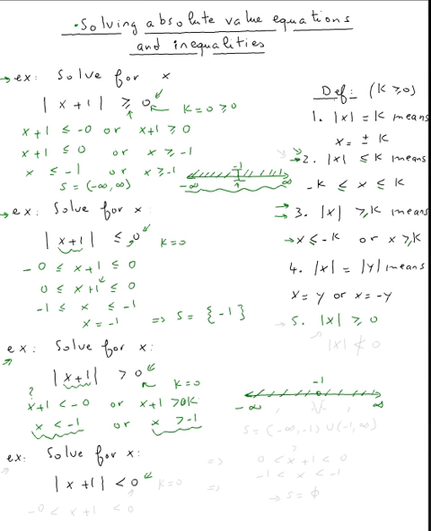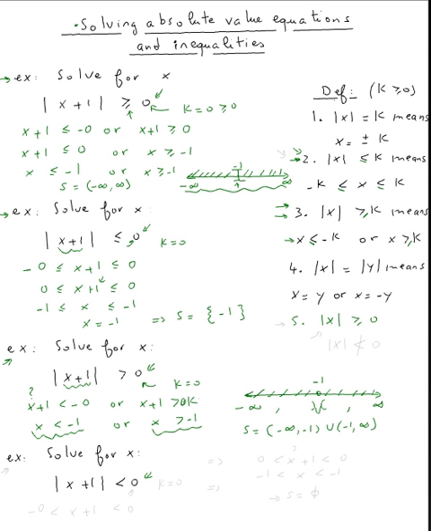So I'm going from negative infinity to negative 1, and then from negative 1 to infinity. So I have to do a union. So all the numbers except negative 1. So S is equal to negative infinity to negative 1, union negative 1 to infinity. I'm using parentheses, meaning I'm excluding negative 1.